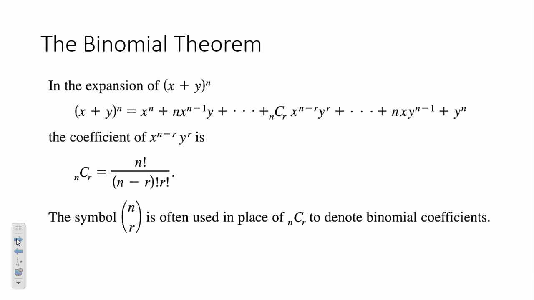And then your first term will have your nth power to begin with. The second term will be one less than that nth power, and your second variable will have a first power. The next term's power decreases by 1 for the first variable, increases by 1 for the second, and so on.